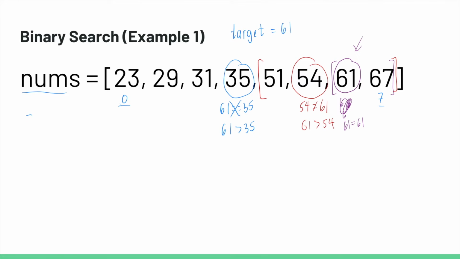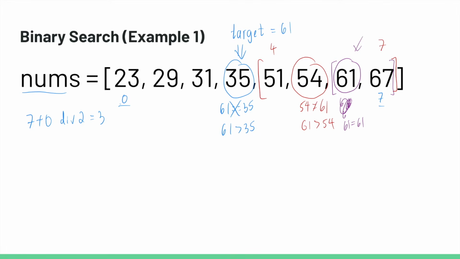So we could do 7 plus 0, div 2, which is going to equal 3. So we would start at index 3 right here. Then when we move up to the portion that's greater than 35, we were at index 4 and then index 7.